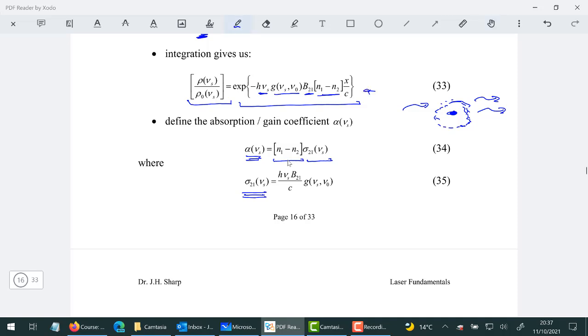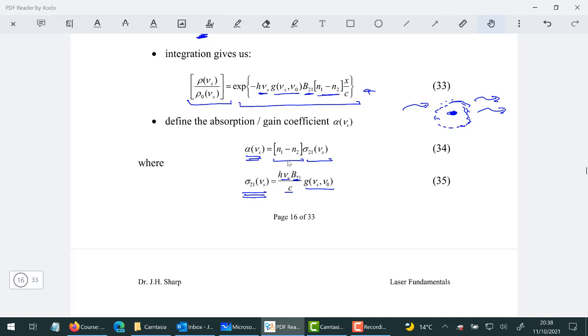So we've got h nu, we've got B, we've got c, and we've got our line shape function. Okay. So remember that the line shape function's peak value was inversely proportional to line width.